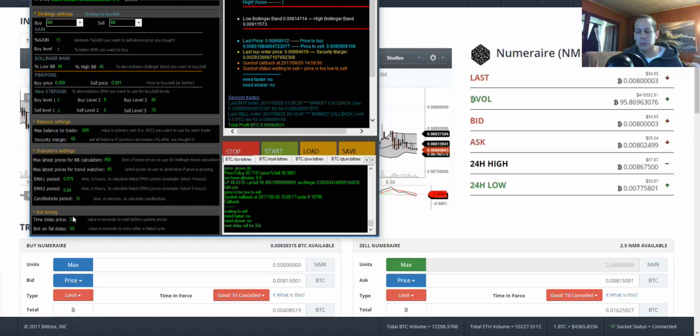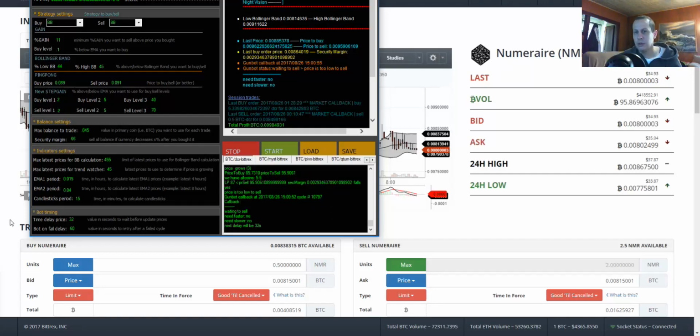Your candlesticks, I like to run at 15. You can set that lower if the pair is not getting a lot of action. What I think is a good point to put it slower is if the coin is just making real small movements. If you take your candlesticks down, I believe it'll look at a more blown up version of the chart, because that's what happens if you turn this down to, let's say, 1 minute.